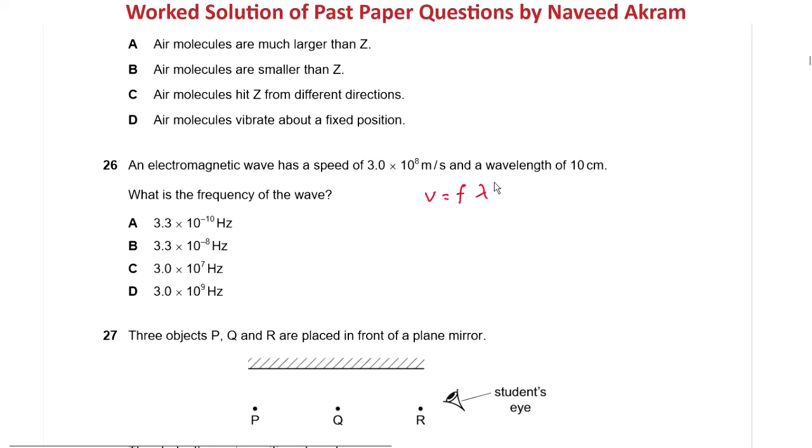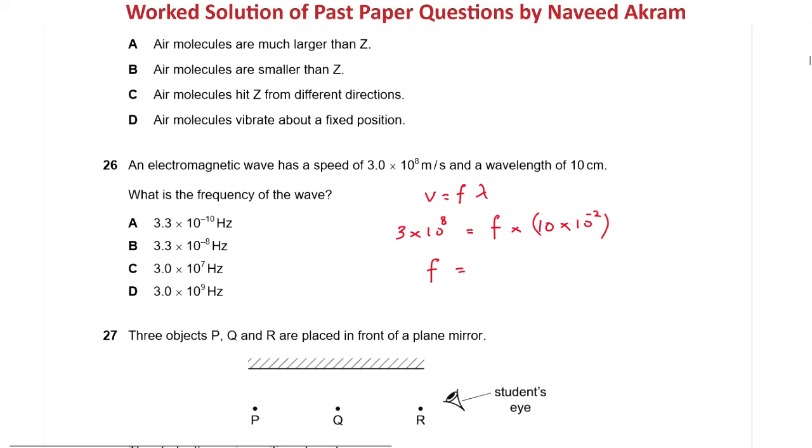We are given the speed, that is 3 into 10 raised to the power 8 meter per second. We have to find the frequency, and the wavelength is 10 centimeter, so we have to convert it into meter first. It will be 10 into 10 raised to the power minus 2.